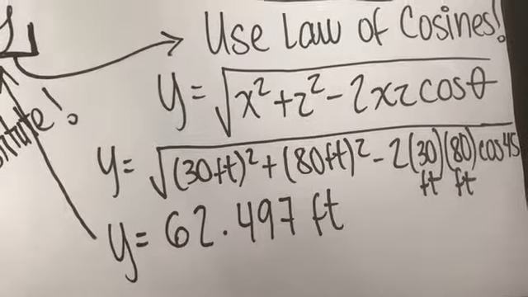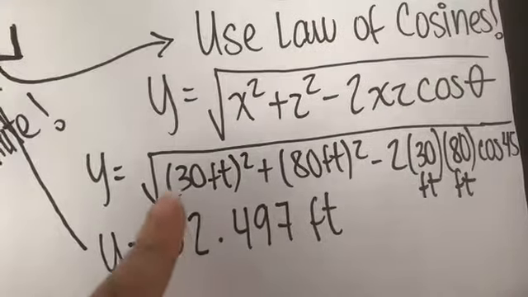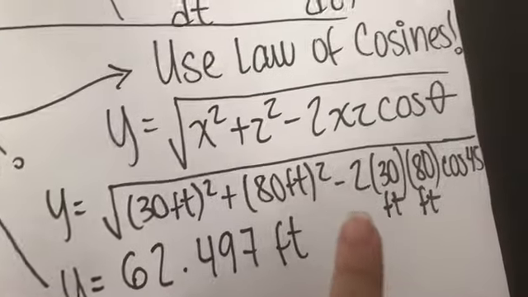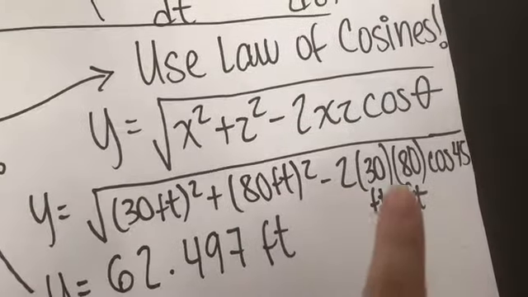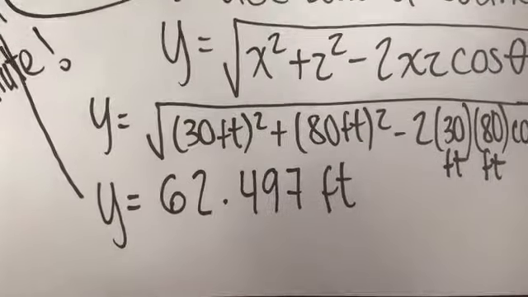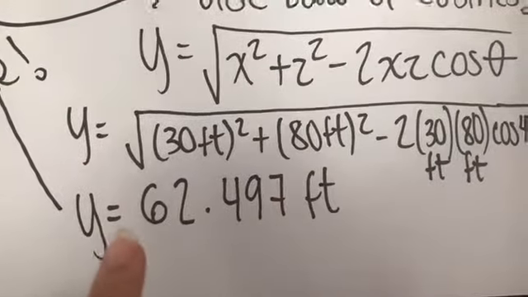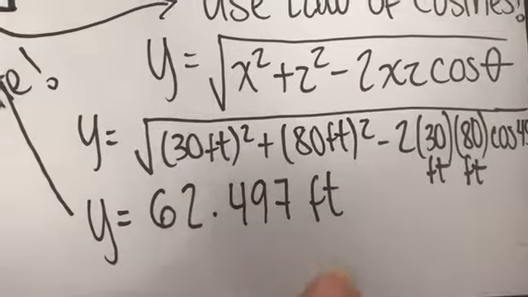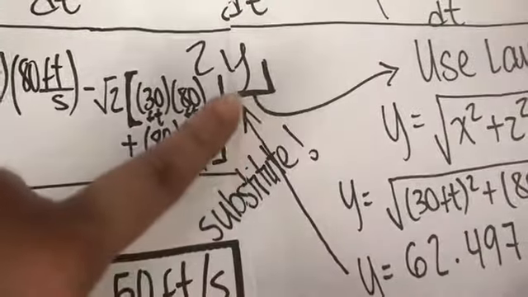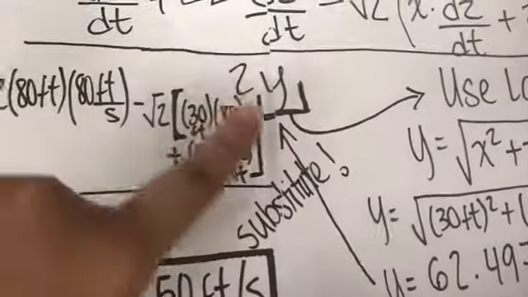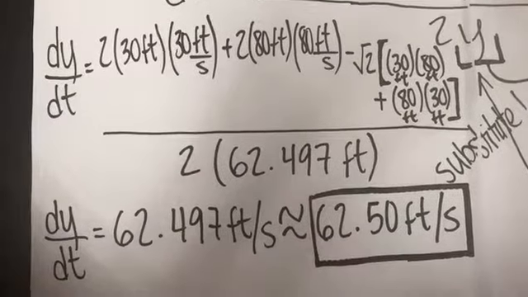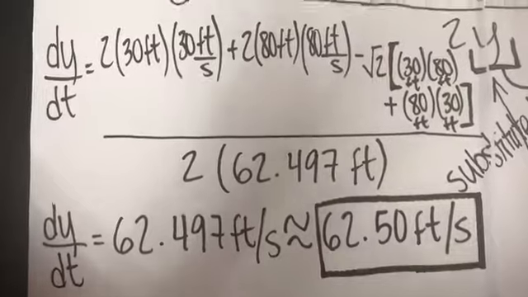We substitute the numbers into our variables, so it will be 30 feet squared plus 80 feet squared minus 2 times 30 feet times 80 feet times the cosine of 45, and we will finally get that y is equal to 62.497 feet. Then we substitute this y into our equation, and finally we can substitute all the variables that we have in order to find our answer.